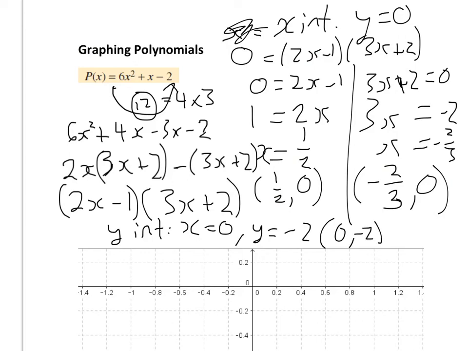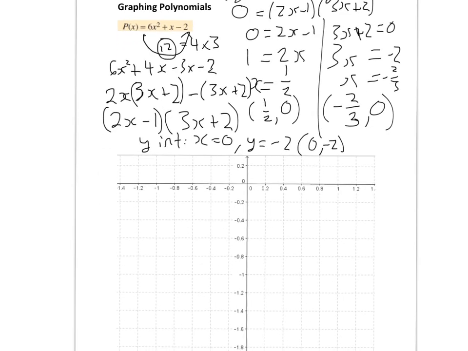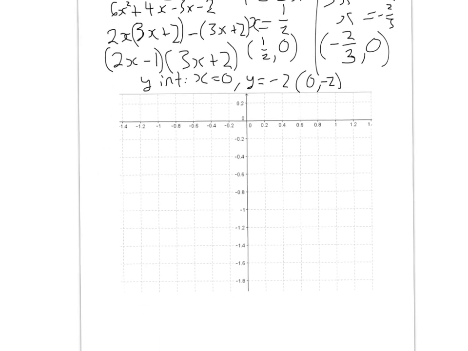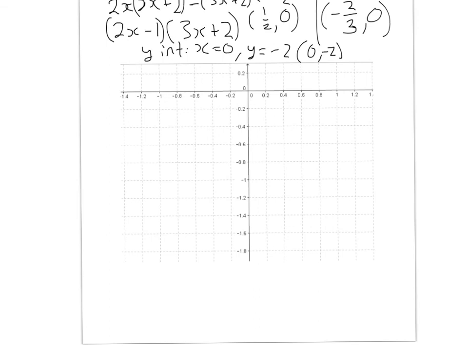Now, we can start plotting. So if I move out a little bit this way, I can start plotting these points. First point, a half, 0, so I go from the origin across a half, up nothing. So my dot goes there. My next point, from the origin I'm doing minus 2 over 3, 0, and it's not actually on here, but minus 2 over 3 is about minus 0.666 recurring, so it's a little bit around here.